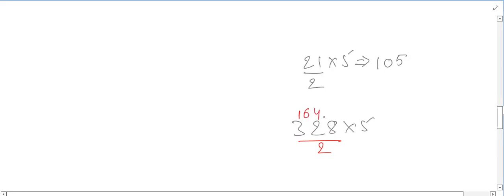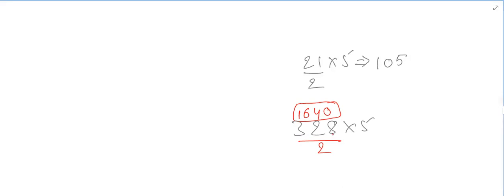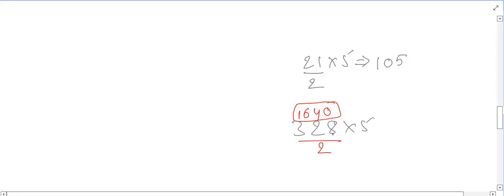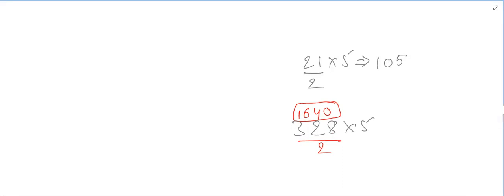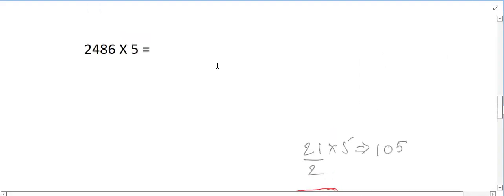What is the remainder? 0. Means 0 is the last digit. So that's all. This is the answer for this question, 1640. Okay. Simply divide given number by 2. Based on the remainder, keep the last digit. If 0 is the remainder, write the last digit as 0. If 1 is remainder, write the last digit as 5.